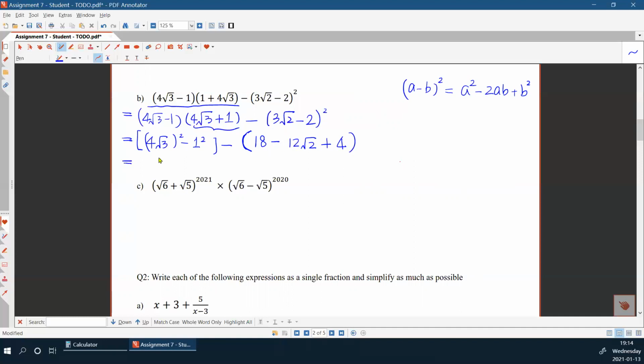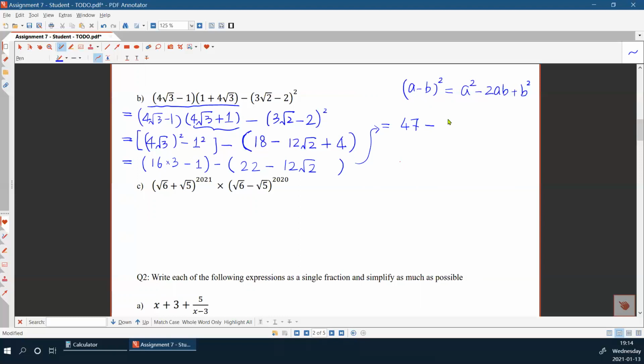Okay, next step, we have 16 times 3 minus 1, right? And what's left in the second bracket is 22 minus 12 times square root of 2, right? So next step, the first part of the expression becomes 47, right?